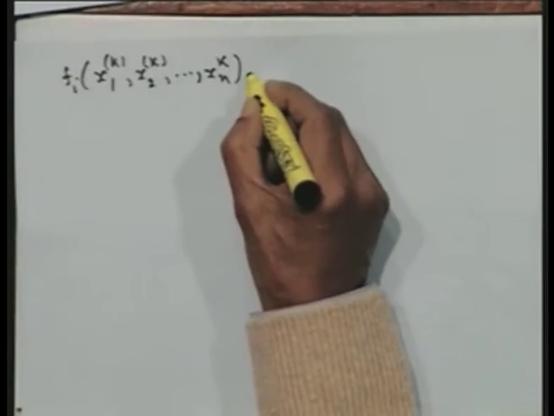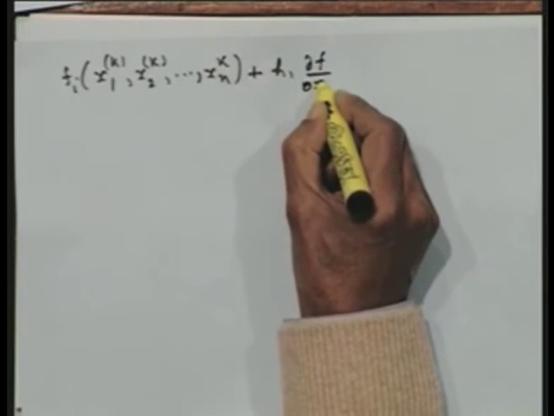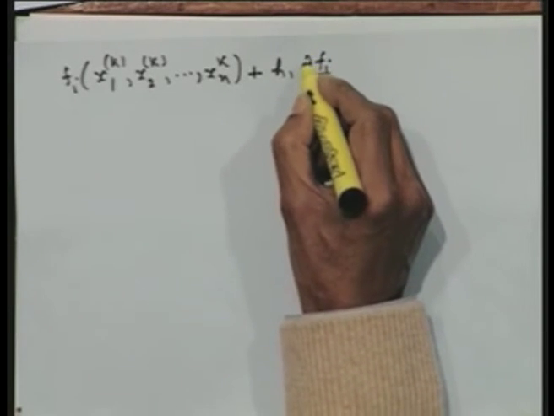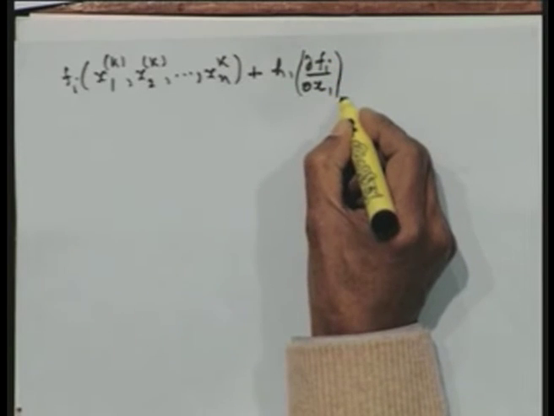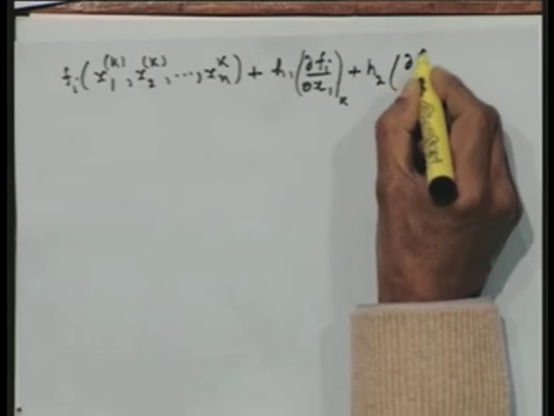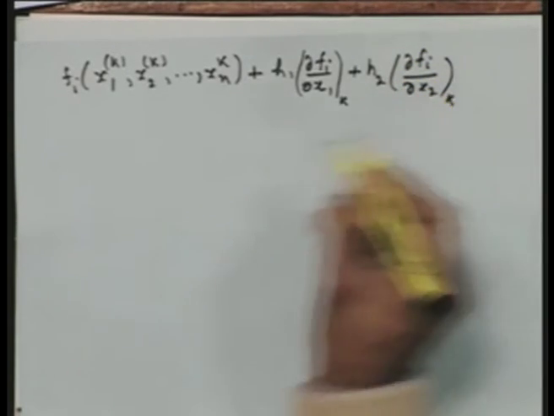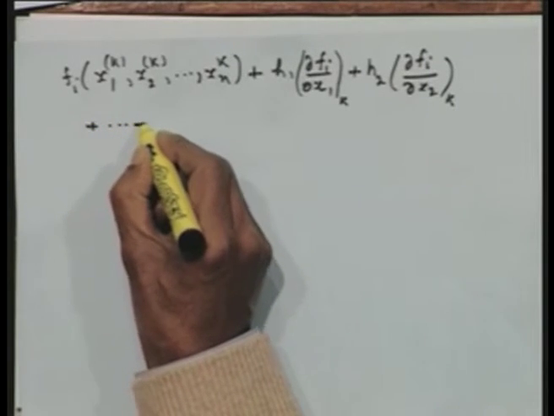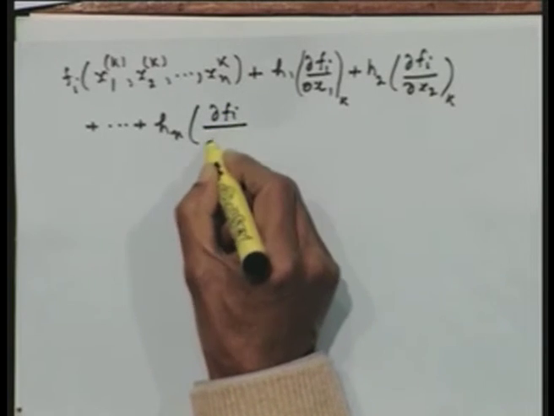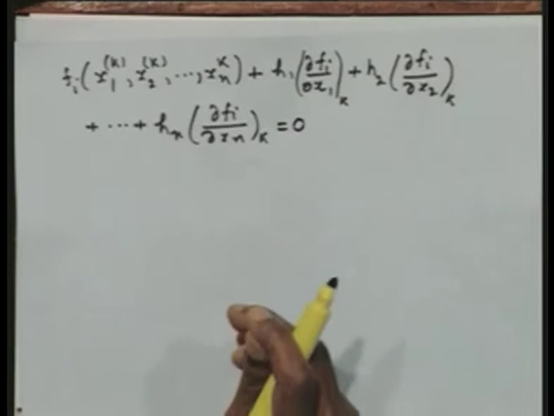So, this will have h1 into delta f_i upon delta x1, all of them evaluated at k. Then we will have h2 times the partial derivative of f_i with respect to x2 evaluated at x^k, plus so on, up to hn times the partial derivative of f_i with respect to xn evaluated at k, is equal to 0.